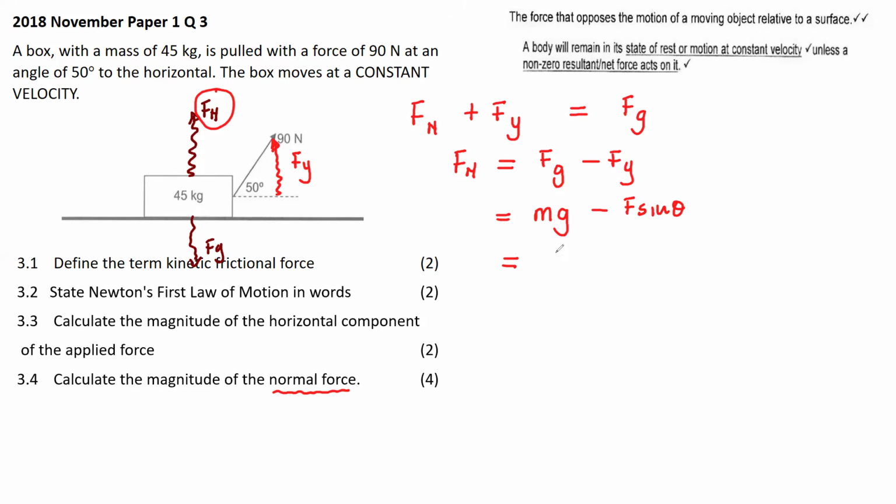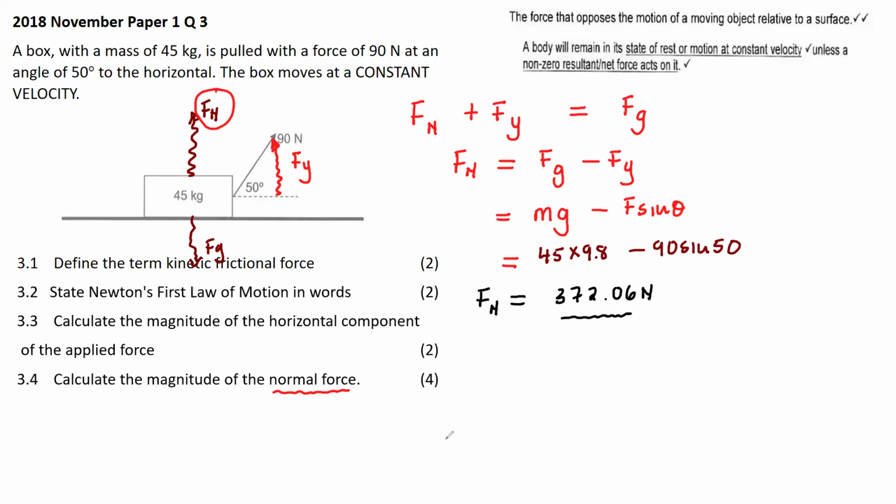The mass is 45 multiplied by g, 9.8, minus 90 sine 50. In essence, your answer is going to be 372.06 newtons. That becomes your normal force, 4 marks.